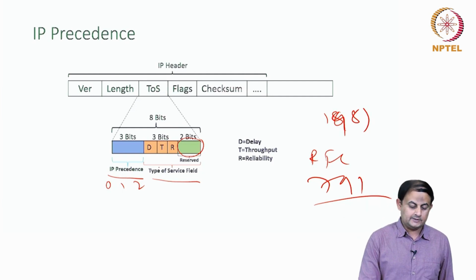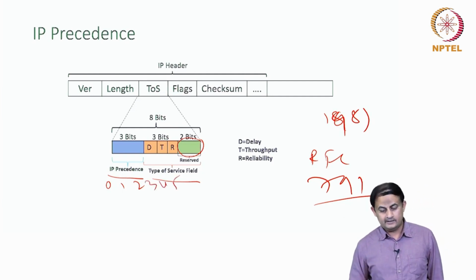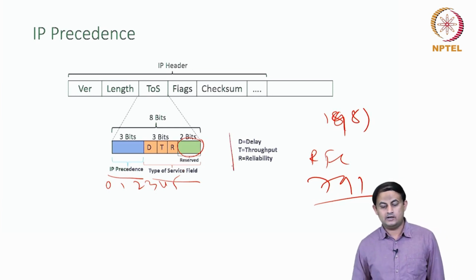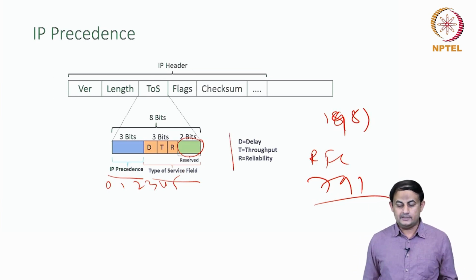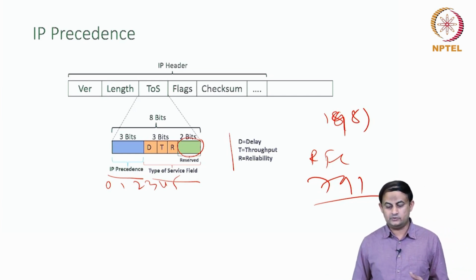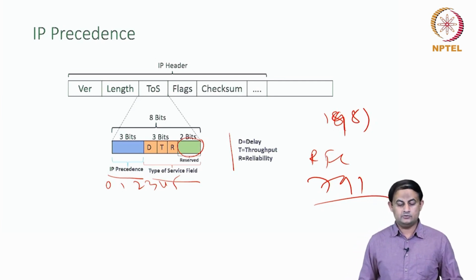But the other 3 bits, bit numbers 3, 4 and 5, indicate 3 different quality of service parameters: D stands for delay, T stands for throughput and R stands for reliability. You can ask, I want so and so delay, so and so throughput, so and so reliability from the network, and the network will try to provide that kind of service.